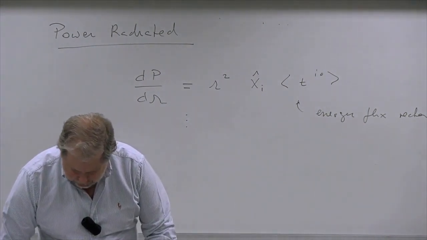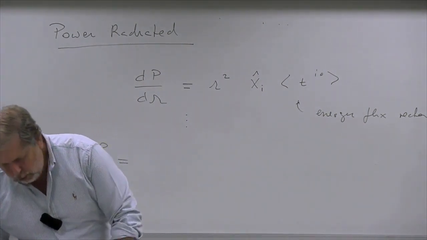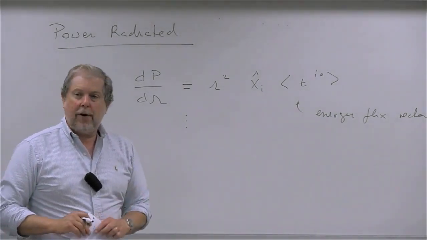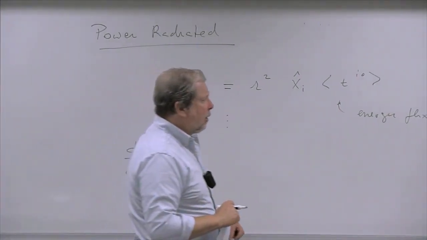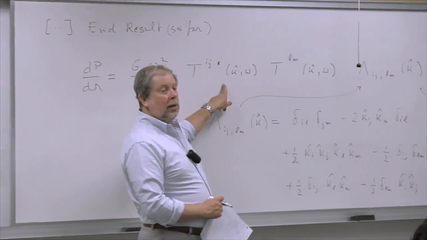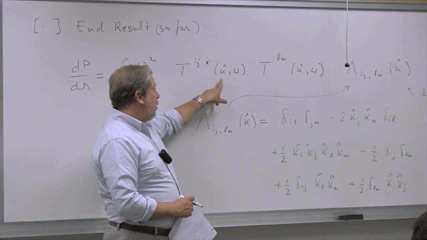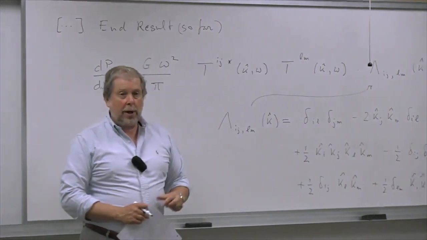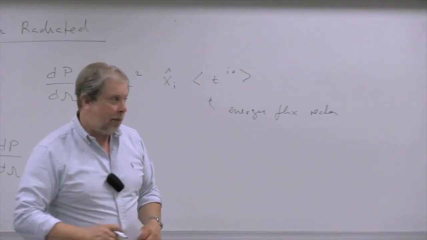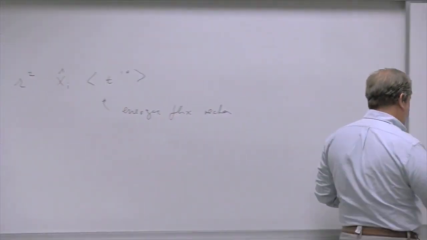So now we're ready to apply it to a system. Well, no, not yet, because this is far too messy. In particular, what is going to be rather complicated is evaluating these T ij of k and omega, because they're Fourier transforms of the original T mu nu. And so the next step is the dipole approximation.